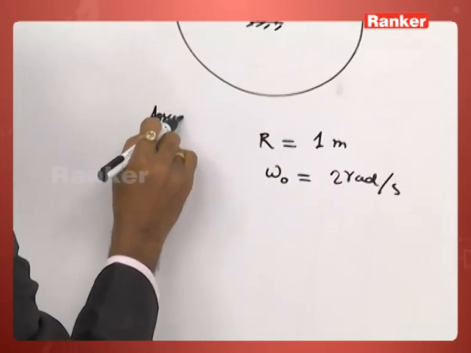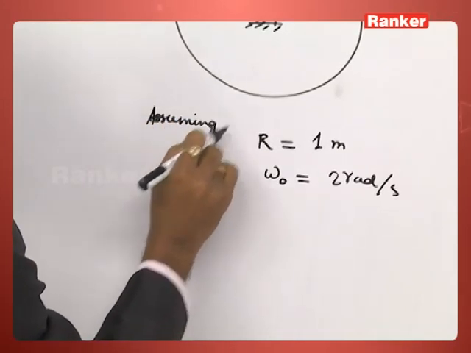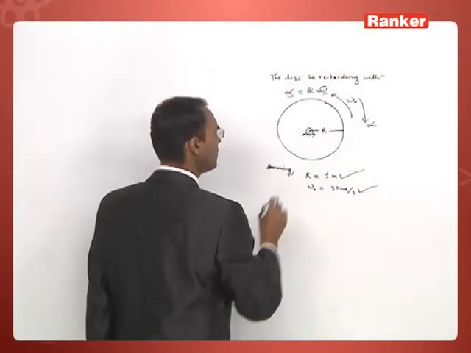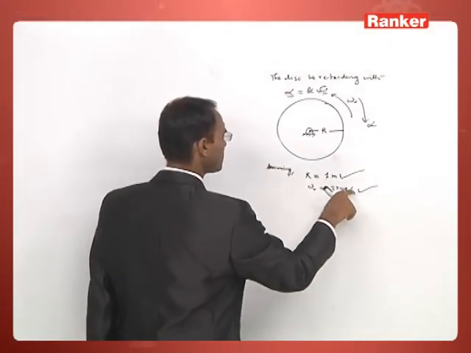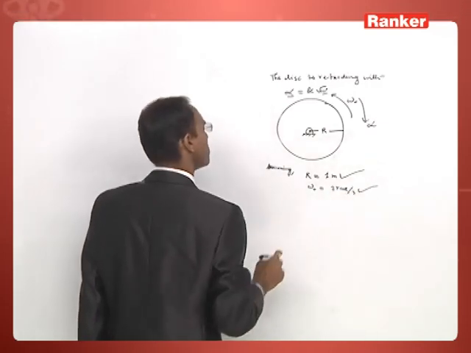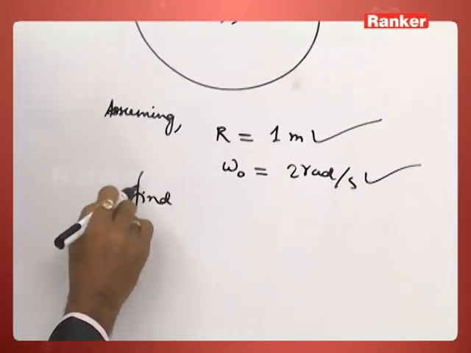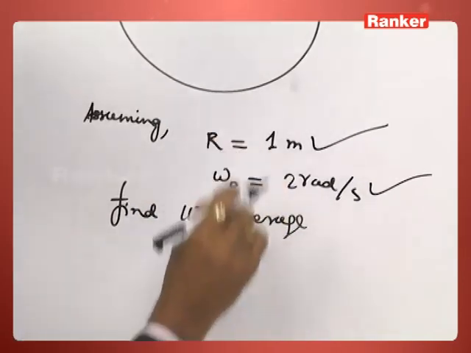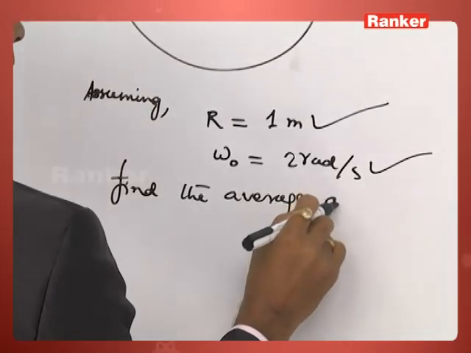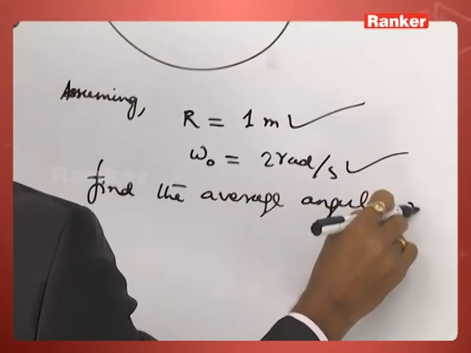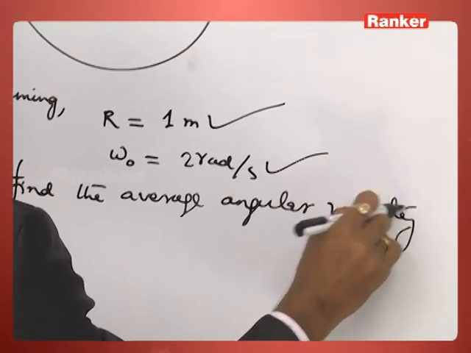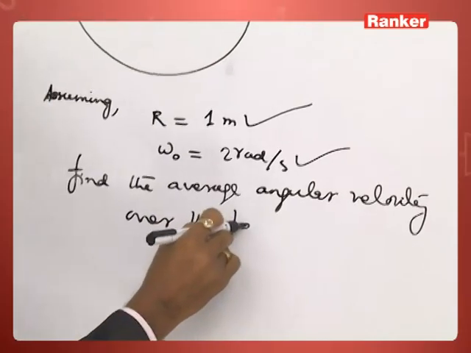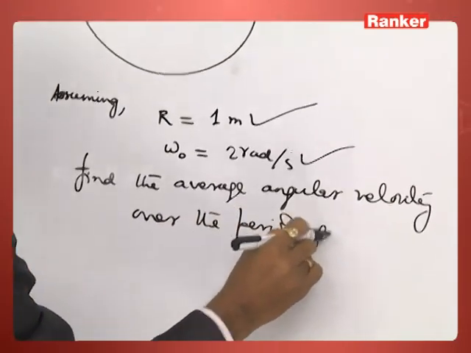Assuming radius and angular velocity initial 1 meter and 2 radian per second respectively, find the average angular velocity over the period of its motion.